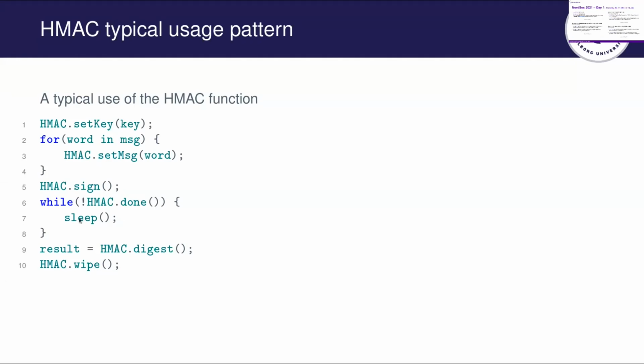While I'm waiting, I might let the operating system get back control and let some other process run. And then when I'm done, I might read the signature out and then call wipe in order to assure that no one can sign messages with my key.